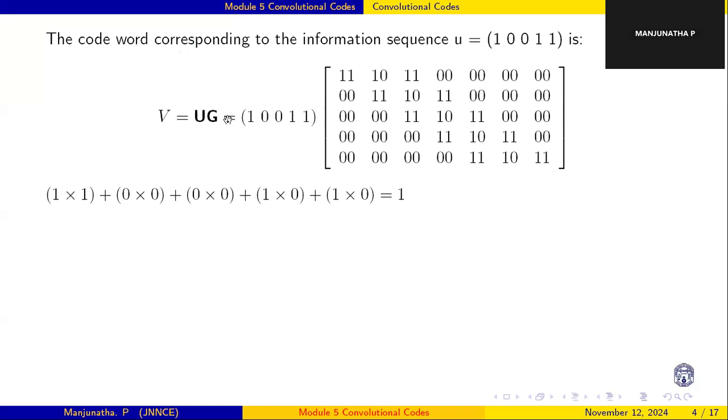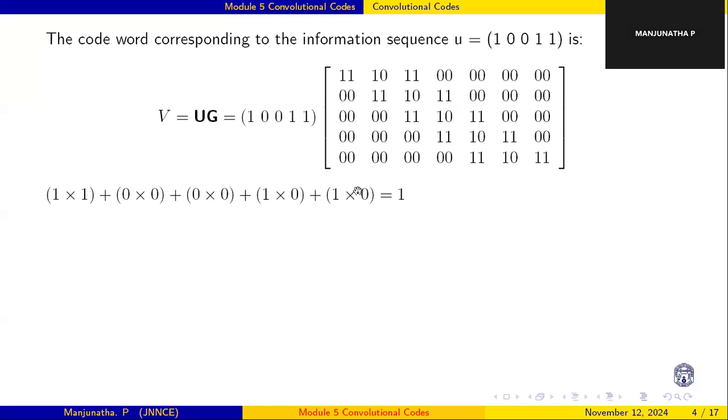Next, the encoding operation, U times G. U is 1 0 0 1 1, which is a 1 by 5 matrix, and this is the generator matrix, 5 by 14. For the first column, 1 into 1 is 1, then 0 into 0, 0 into 0, 1 into 0, 1 into 0, summing up gives 1.